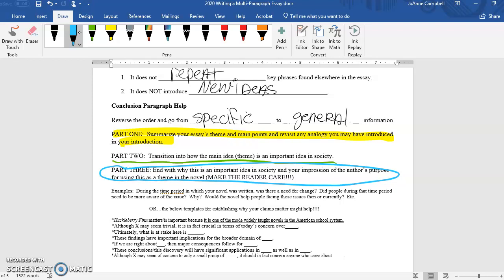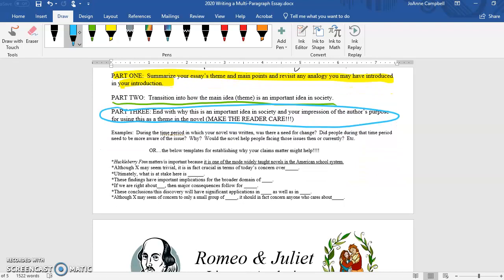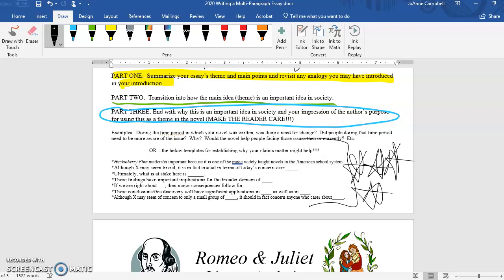Is it necessary for historical reasons? Tie it to the reader in some way, shape, or form. And I have given you some ideas here that people have found helpful down at the bottom, little starter statements for your impact statement at the end. So you could see if any of these might work for you for creating a reason for your reader to care.